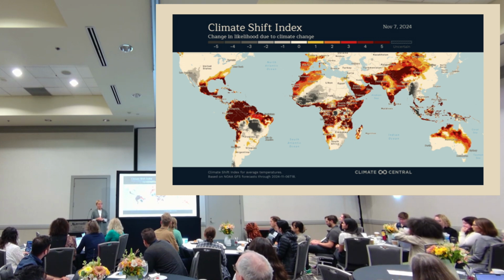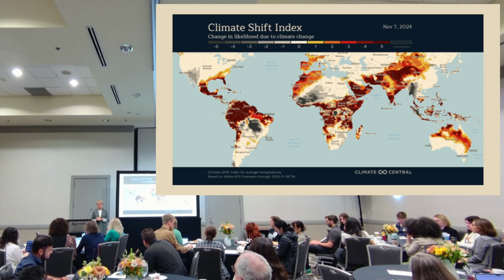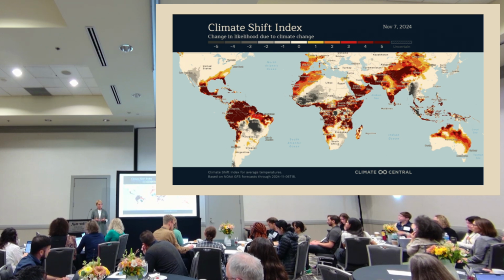It's a new product from Climate Central. It produces a map every single day and shows you the temperatures around the world and how far they are away from the long-term average. So anything in the redder colors is temperatures that are higher because of climate change.